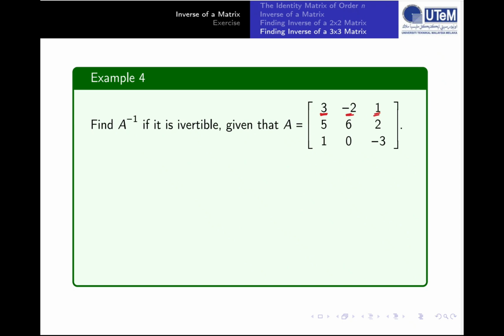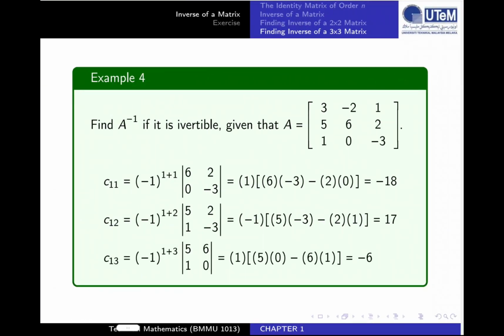First, we go to the first row. Cofactor element 1 1, which is for this value. We know that here is negative 1 to the power of 1 plus 1, coming from first row, first column.